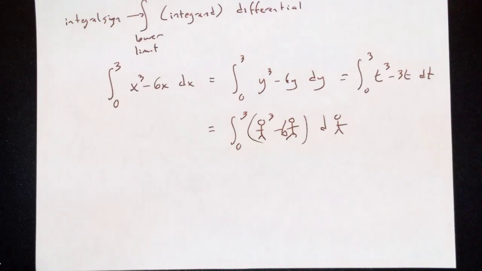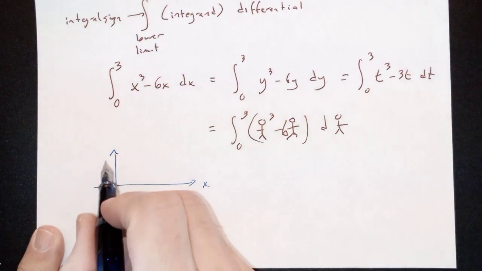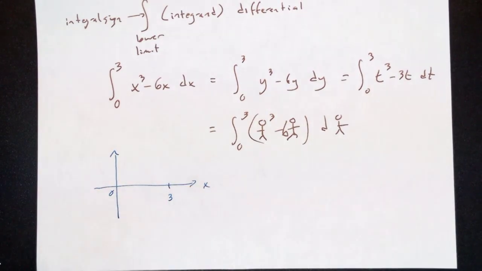I really only care about what's going on between 0 and 3, so we really only need to look at that part of it. What happens when you graph this function?